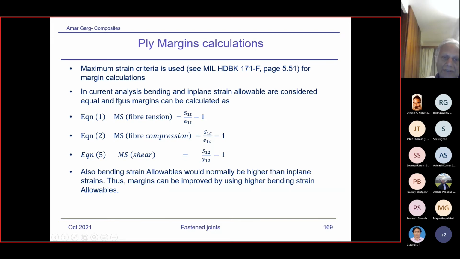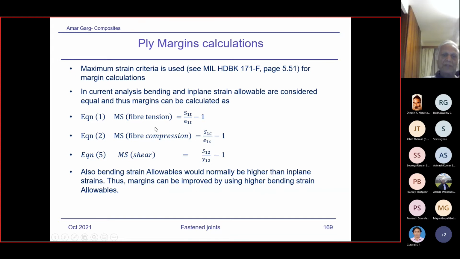For margin calculation, in the current analysis, bending and in-plane strain allowables are considered equal, and thus margin can be calculated, as normally they will be different. Bending strain allowable is slightly higher than in-plane strain allowable, but this is a conservative method.